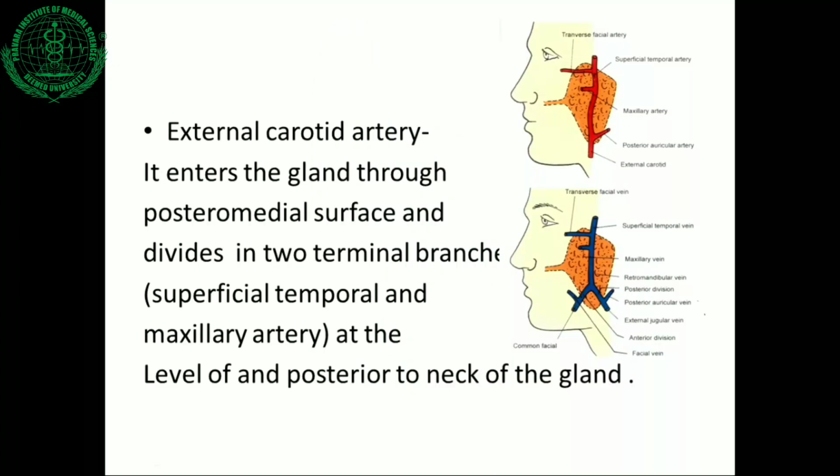Then after this, the next structure is known as the external carotid artery. So here you can see this is the external carotid artery. This is one of the branches from the common carotid artery.